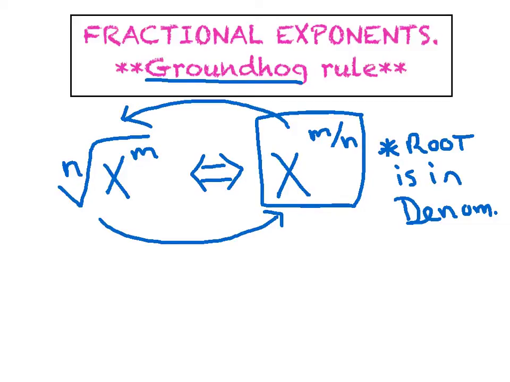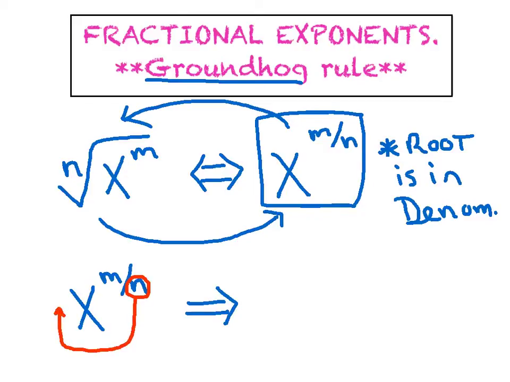It says if I start in fractional form and I want to convert it into radical form, here's what's going to happen. I'm going to switch pen colors here really quick. What used to be the bottom number there is going to burrow a hole through the ground and pop up on the other side, much like a groundhog digs holes in the ground.